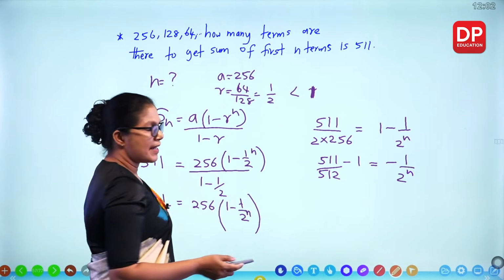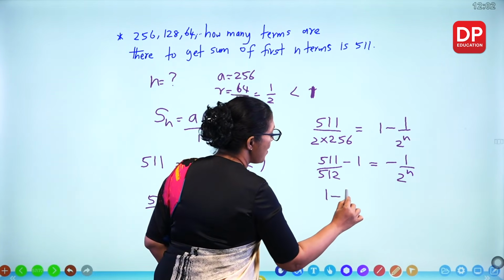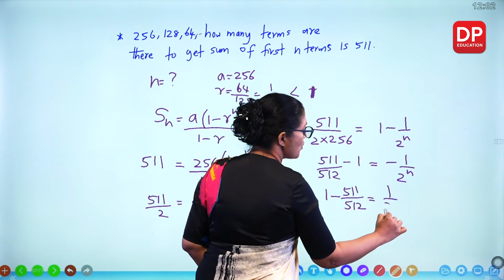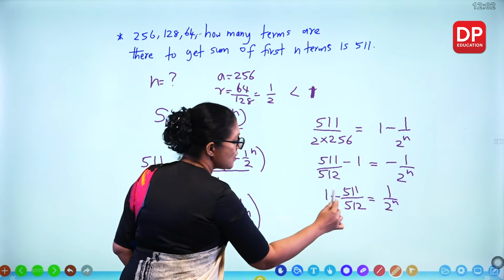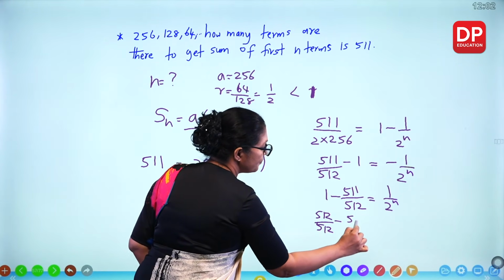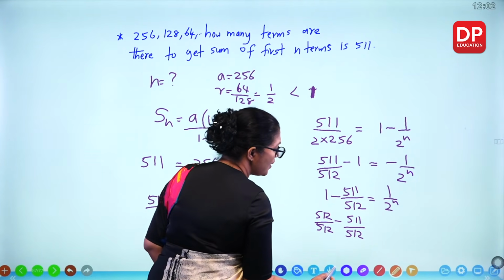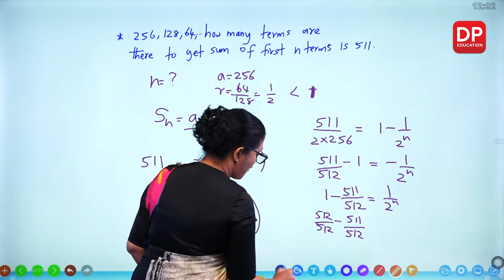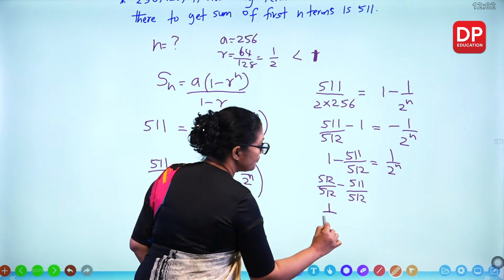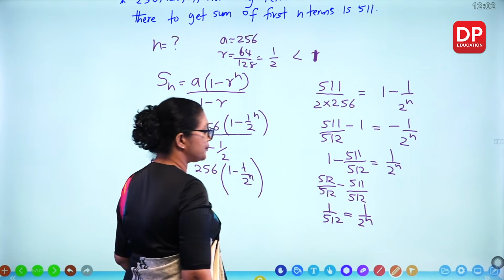When you switch the places, you can get rid of the minus sign. I can write 1 minus 511 over 512 is 1 over 2 to the power n. Writing 512 over 512 as 1, that's 1 over 512 is equal to 1 over 2 to the power n.